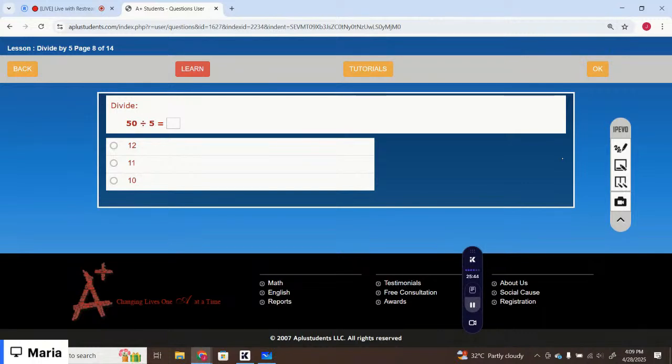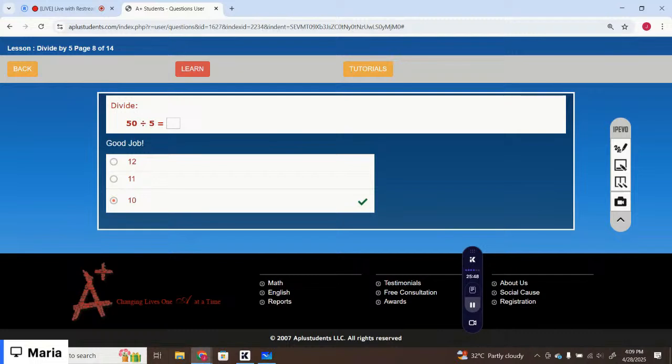That is 10. 50 divided by 5 is 10. The last option is the correct option.